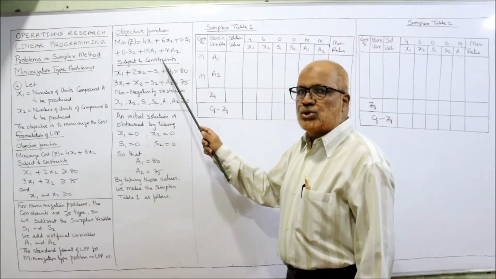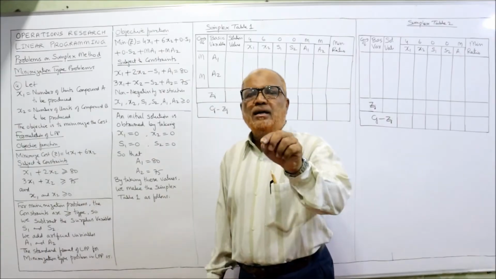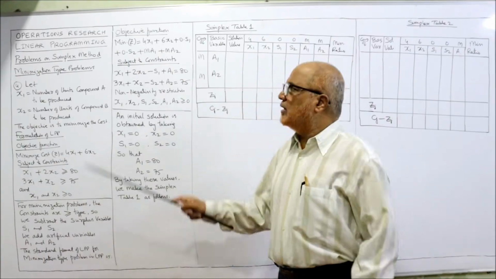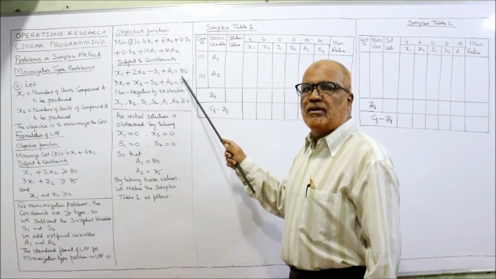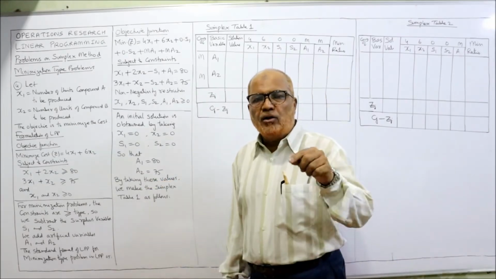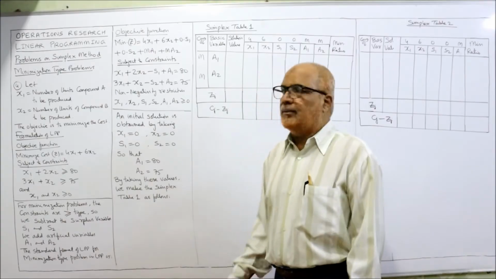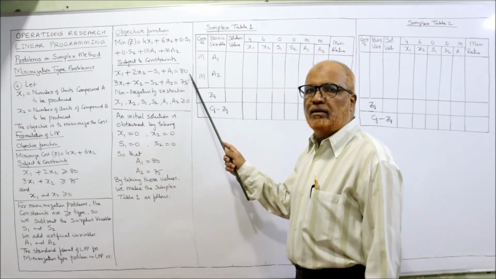Now subject to constraints. The first constraint: x1 plus 2x2 minus S1 plus A1. Now this inequality is removed. By introducing the surplus and artificial variables, the inequality will be converted into equality, equal to 80.